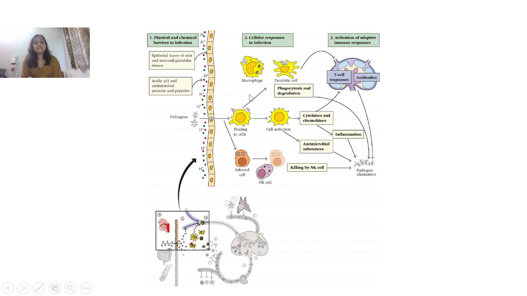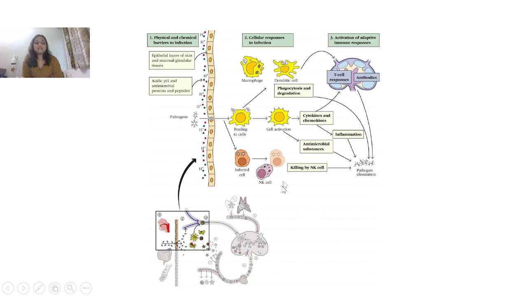After binding, there will be either phagocytosis and direct degradation of the pathogen, or activation of cells which trigger the secretion of cytokines and chemokines, which I have already taught, small molecules which can directly kill or activate other cell types.